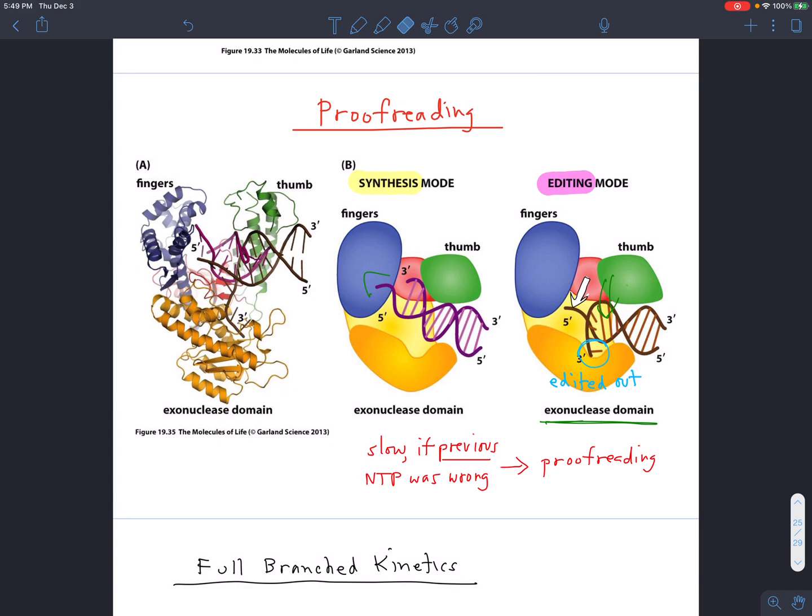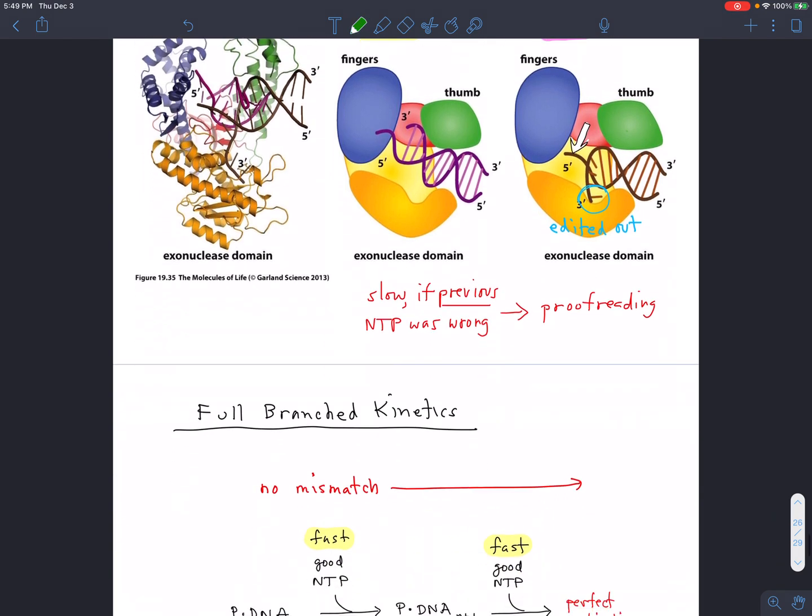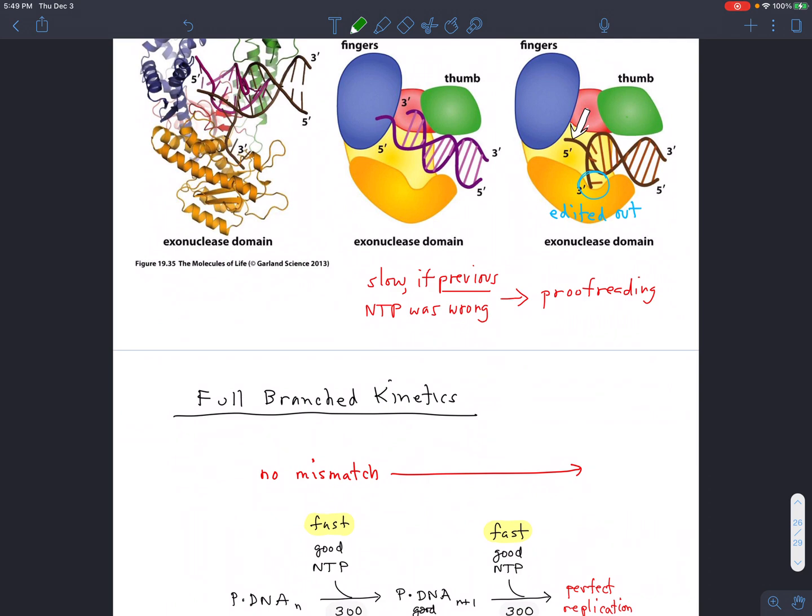And so slow processes cause the exo site to cut out bad base pairs, and that's called proofreading.